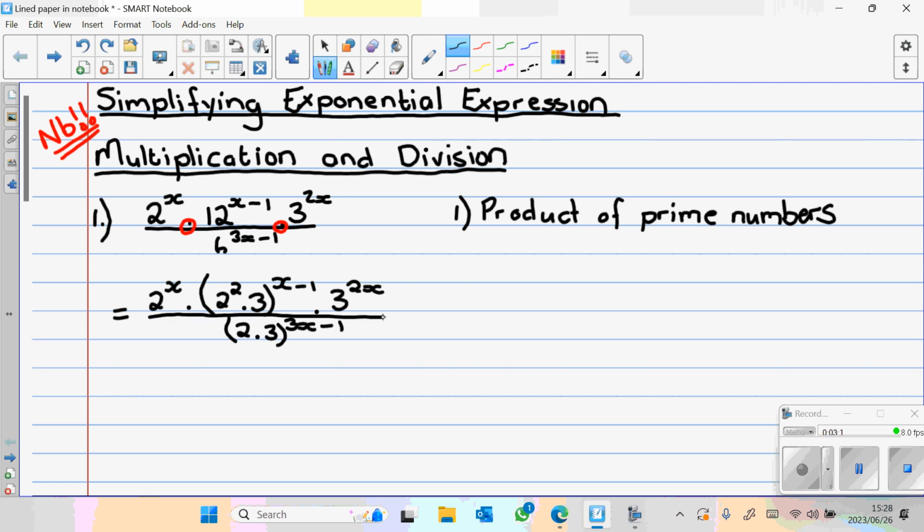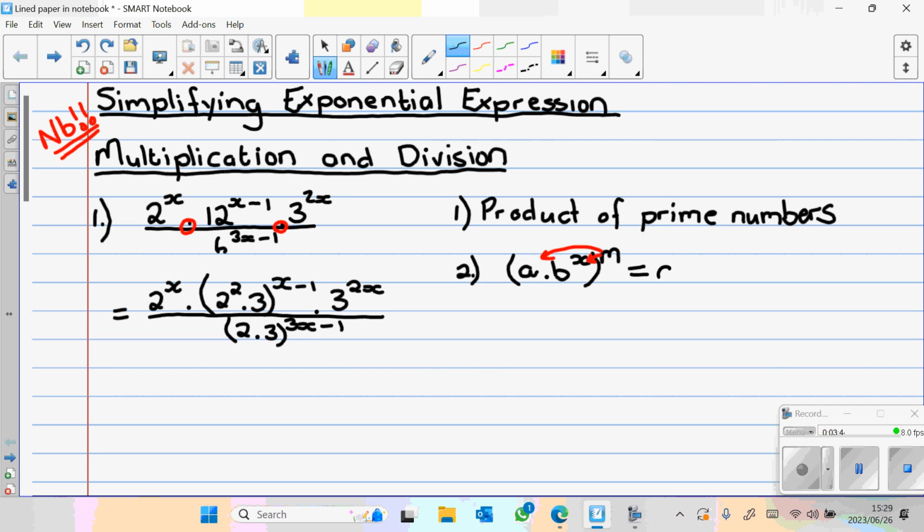Now we use our second thing, which is to use our law that states that if you have something outside a bracket, that must go to everything on the inside. And when there is a power already, you must multiply it.